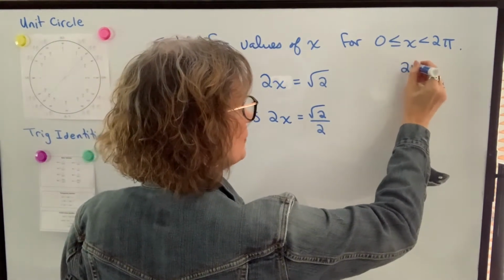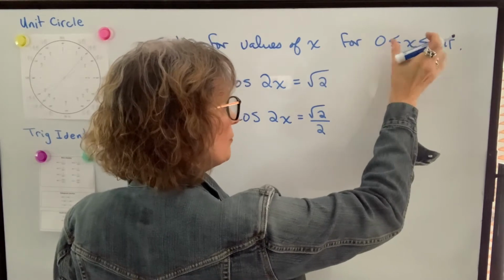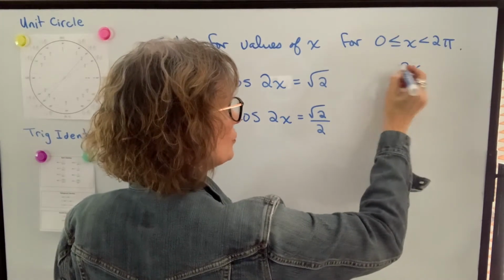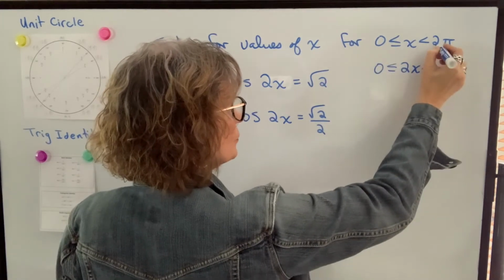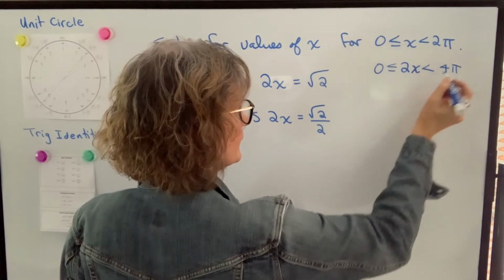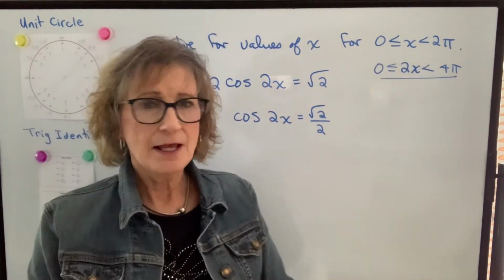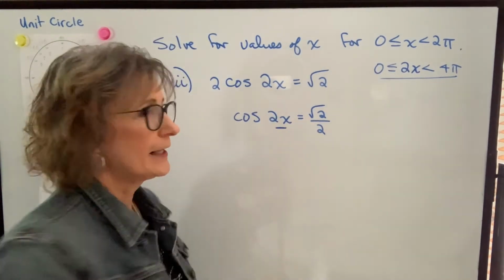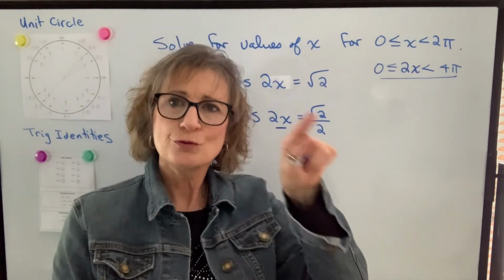If we were to take this expression and multiply everything by 2, I get 2x, 0 times 2 is 0, 2 pi times 2 is 4 pi. So that means that this angle here has to be between 0 and 4 pi, which is actually 2 revolutions.